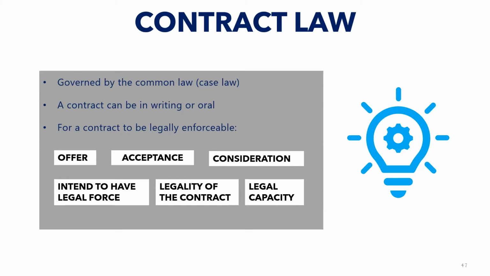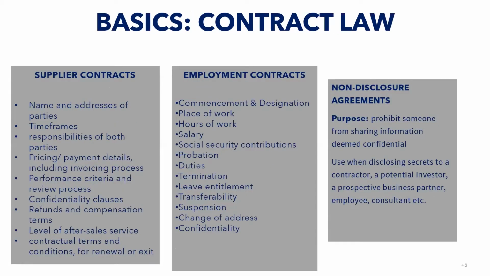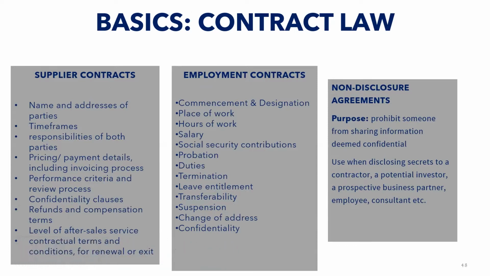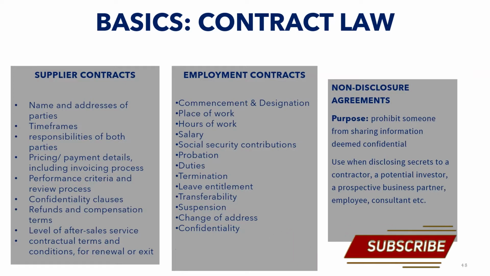Having covered that, what are the things that you need to be aware of? There are actually three things that you would generally need to know as an entrepreneur. One is the supplier contracts that you get into. The other is employment contracts, and the third is non-disclosure agreements, or NDAs.